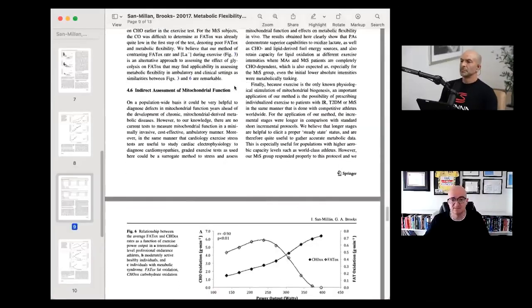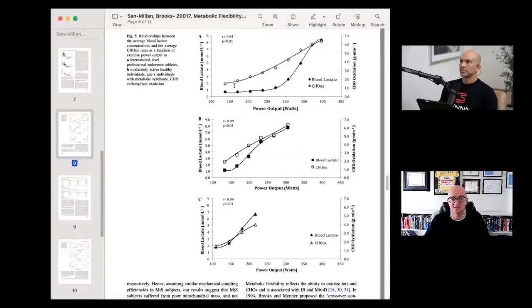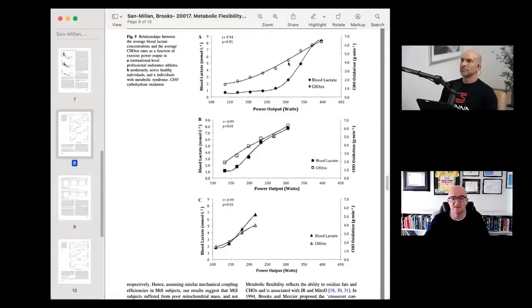If we look in the other graph, this is the correlation between lactate and carbohydrates, right? We see that overall the correlations are quite good because lactate is the byproduct of glucose utilization, right? You may see that in the elite athletes, though, the gap is wider here. And this is for the same reason I was saying earlier. They're using so much fat as well, is really the point, right?